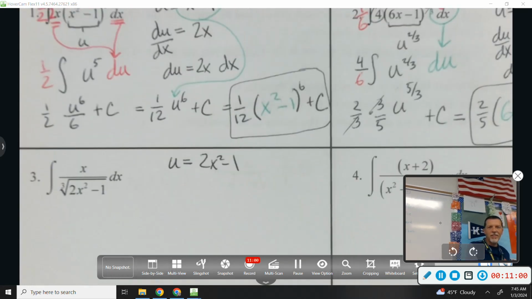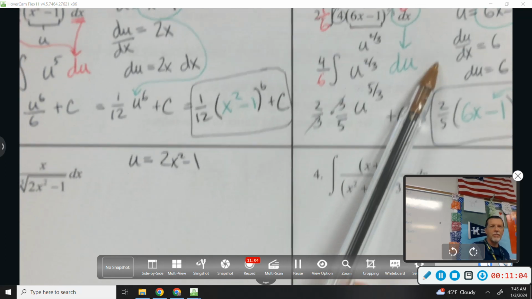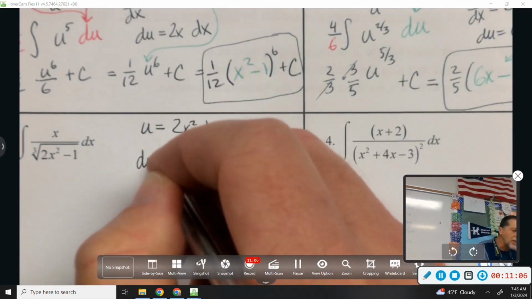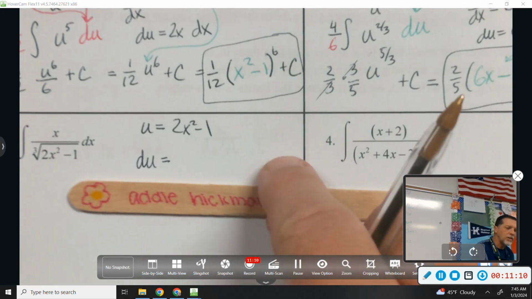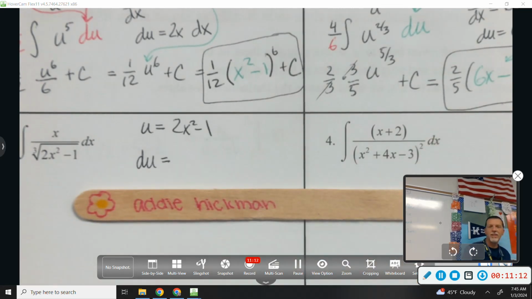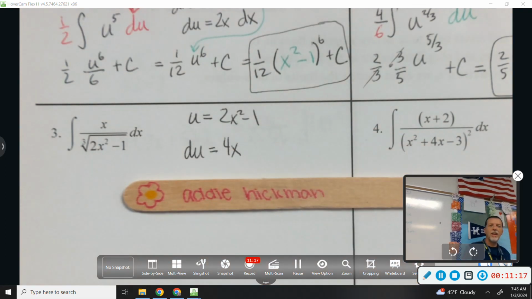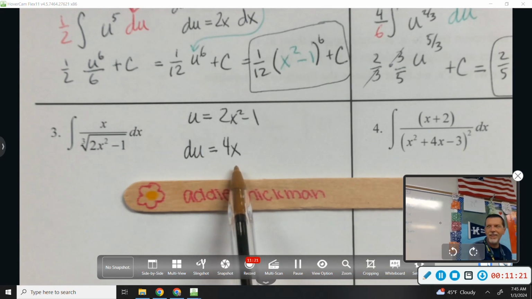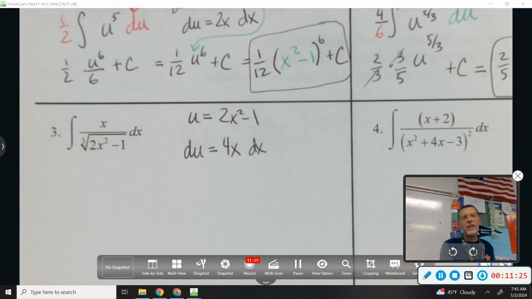Now I'm going to start skipping the step where I say du dx equals. I'm going to skip straight to du equals. So Addie, what does du equal? 4x. I know what you're doing, but du dx would equal 4x. So I'm just going to skip that step and move the dx over.